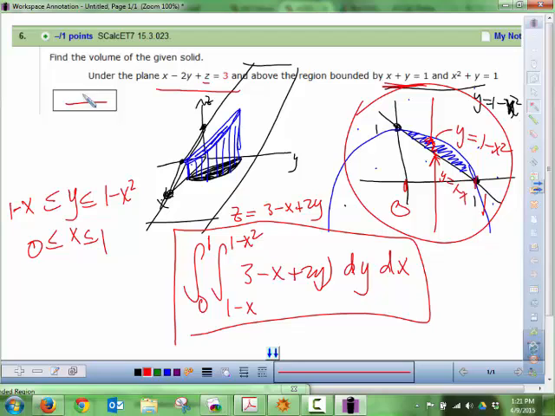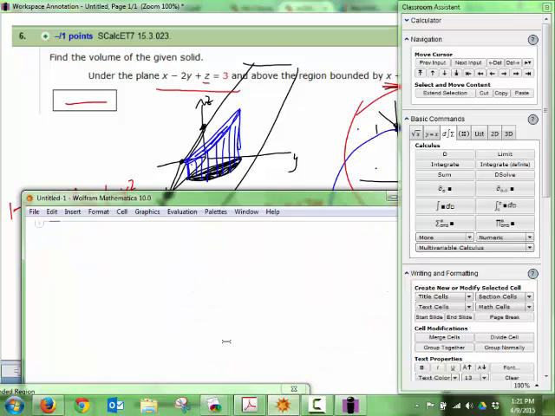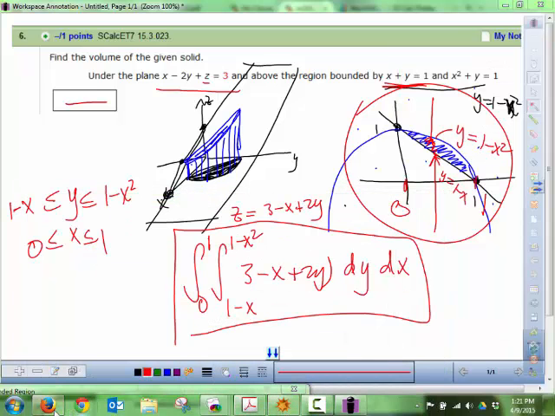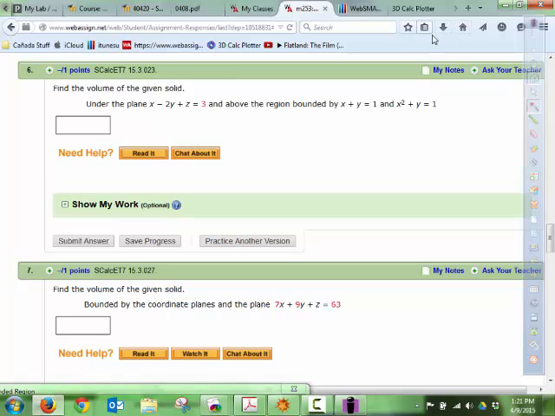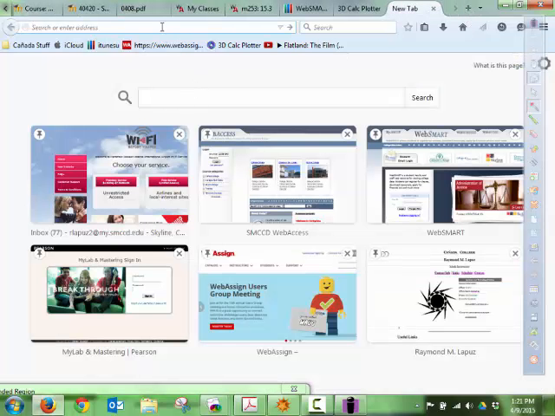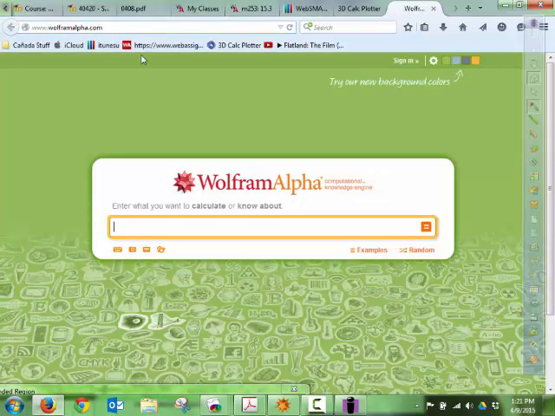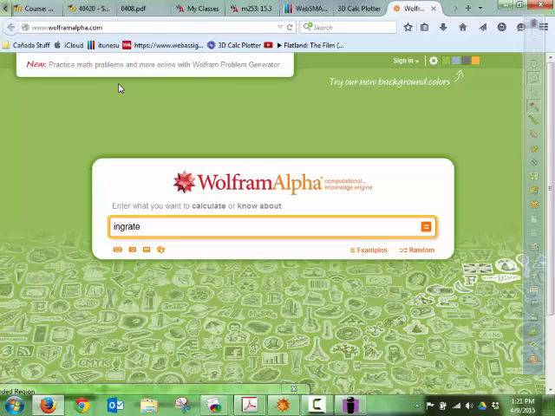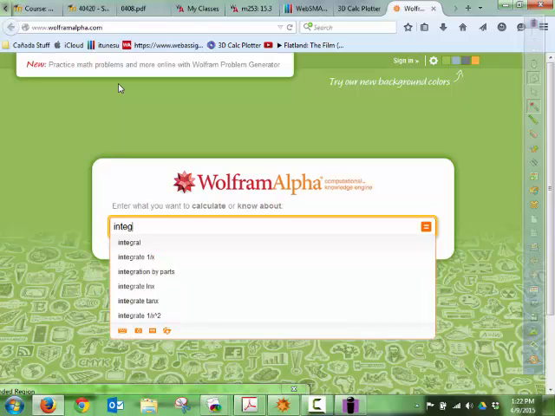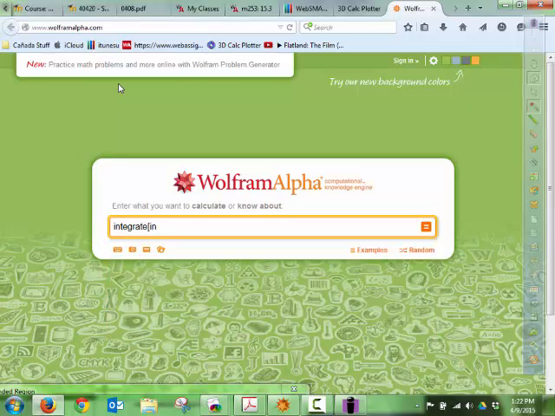Well, I don't know. I mean, I have my integral thing that I can punch in here because I have Mathematica, but if you're using Wolfram Alpha, sure you can. I'm just wasting time now. So integrate, double integral.